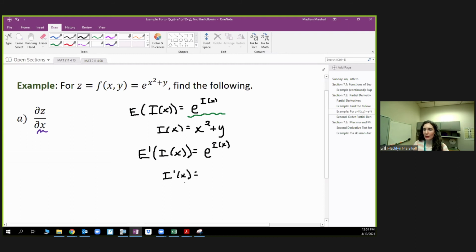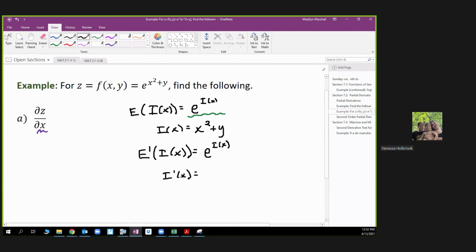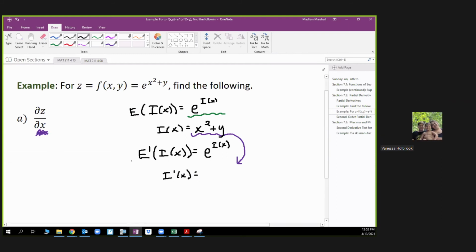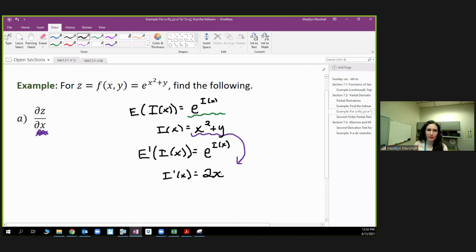And if we do the derivative of the interior, we are focusing on x here. So just 2x, exactly, because that y goes away.